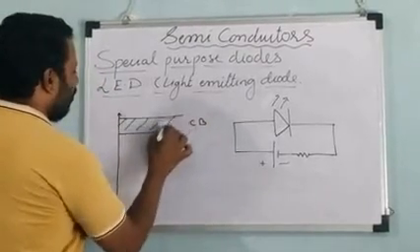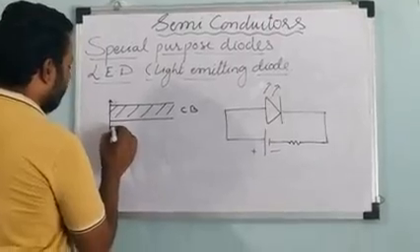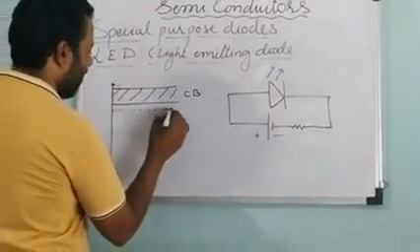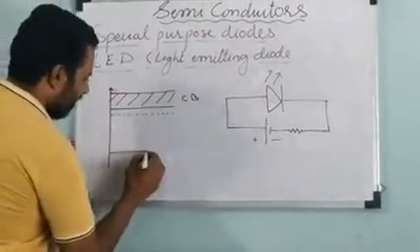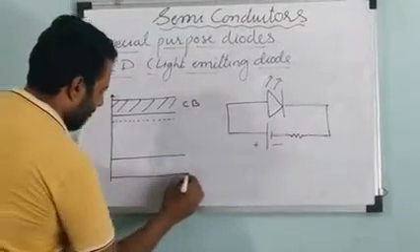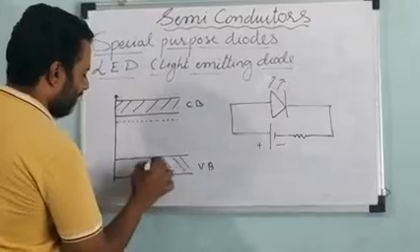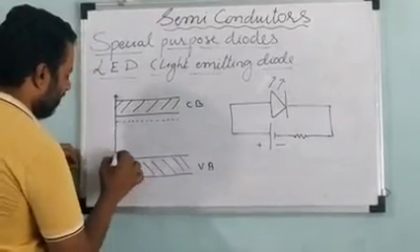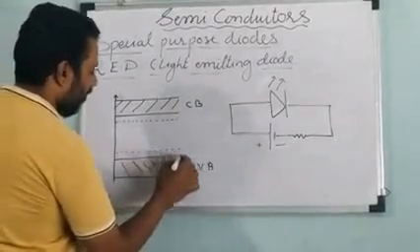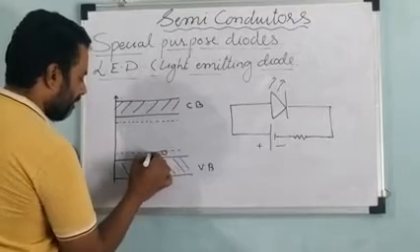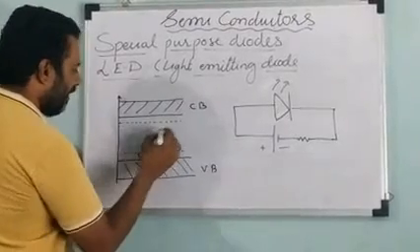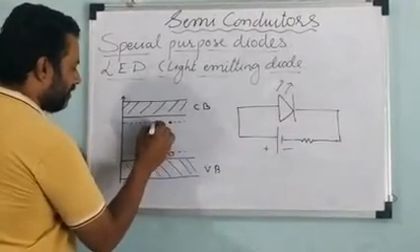So the donor energy level is just below the conduction band. Okay. And here there is a valence band. So your acceptor energy level is just above the valence band. So here are the holes present, okay, and here are the electrons present.